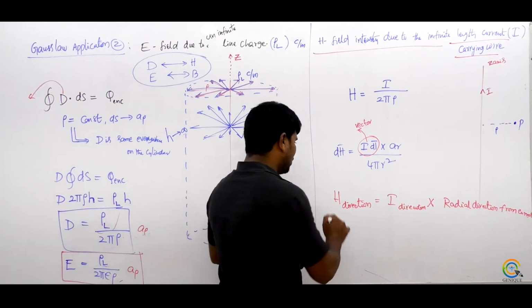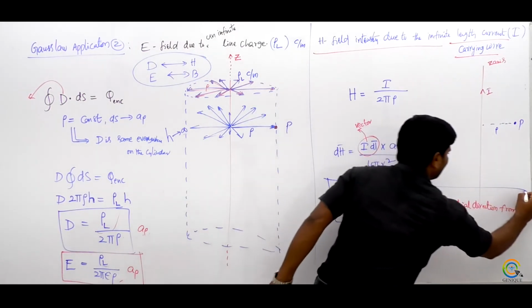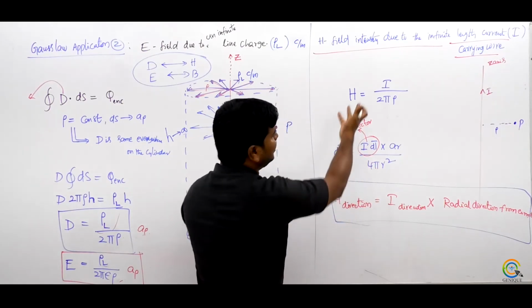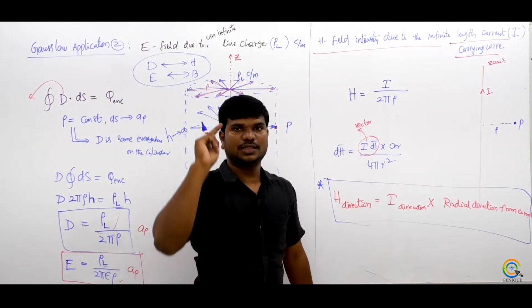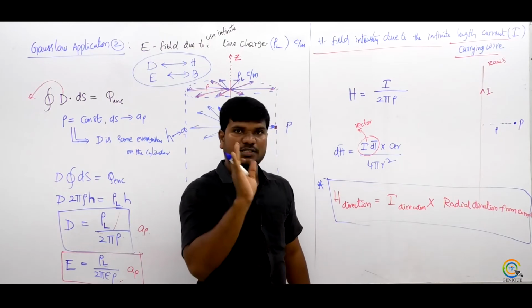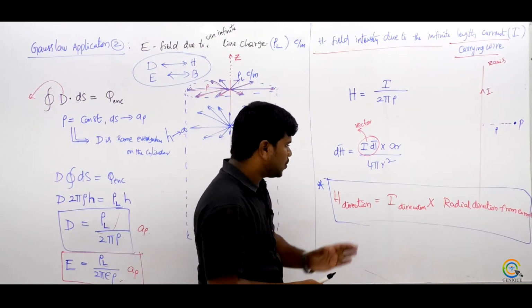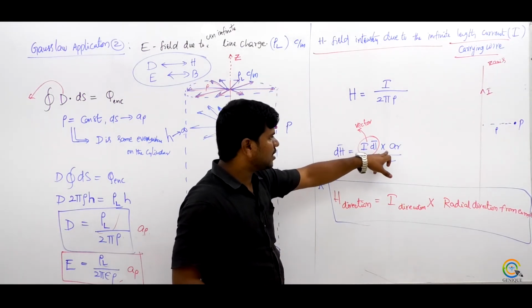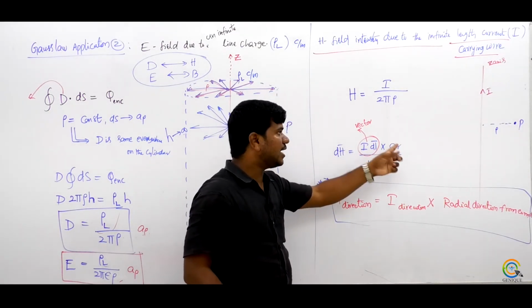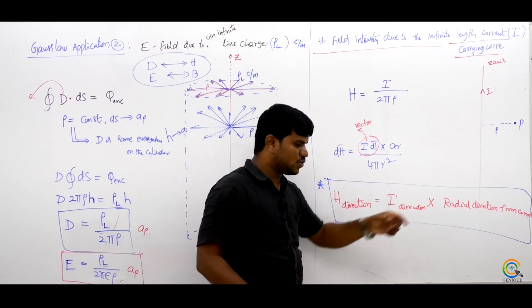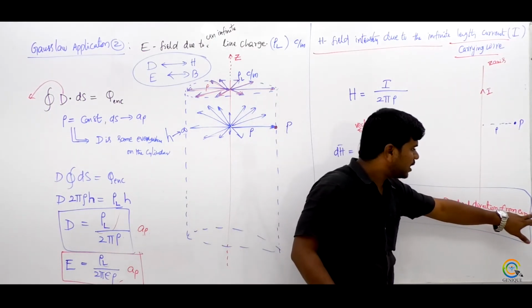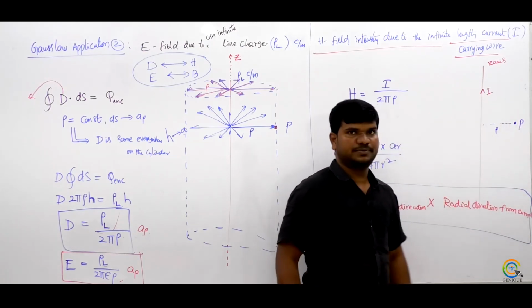So this is the thing you have to remember. If you don't know this, there is no meaning of calculating this magnetic field. The direction of the magnetic field is very important. The H field direction is equal to the current direction cross the radial direction, a_R direction. This gives you the cross product.